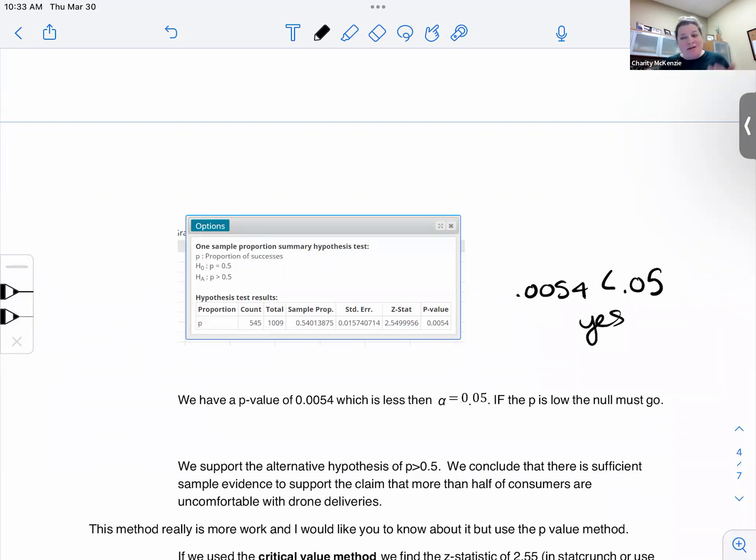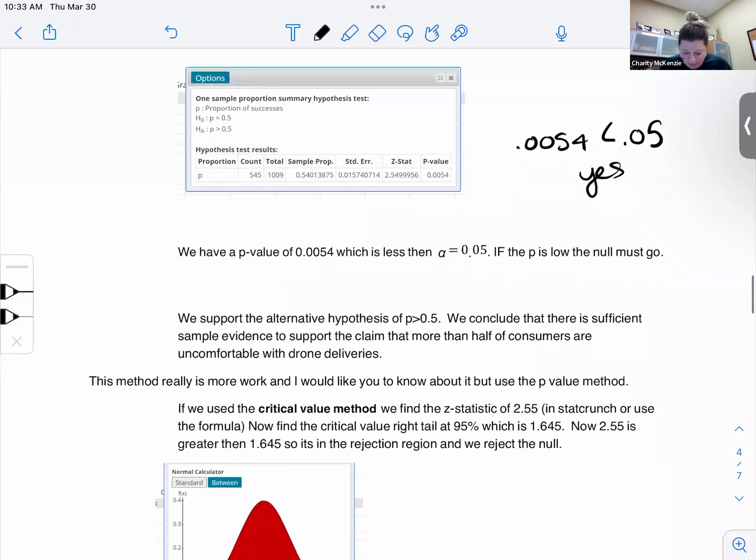So we're going to reject the null. And that's what I put all down here for you. We're rejecting the null, so therefore we support evidence in favor that more than 50% of the people are okay with the drones.